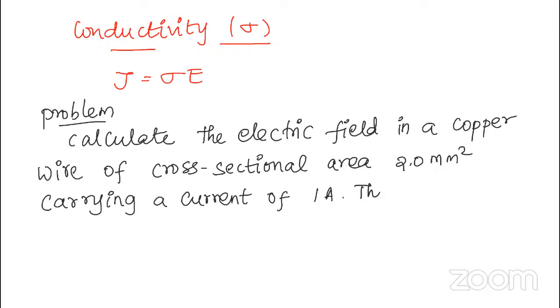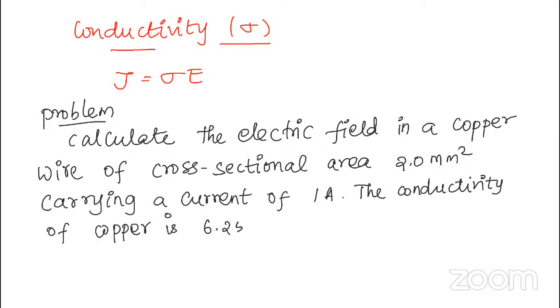The conductivity of copper is 6.25 into 10 power 7 siemens per meter. So this is the problem.